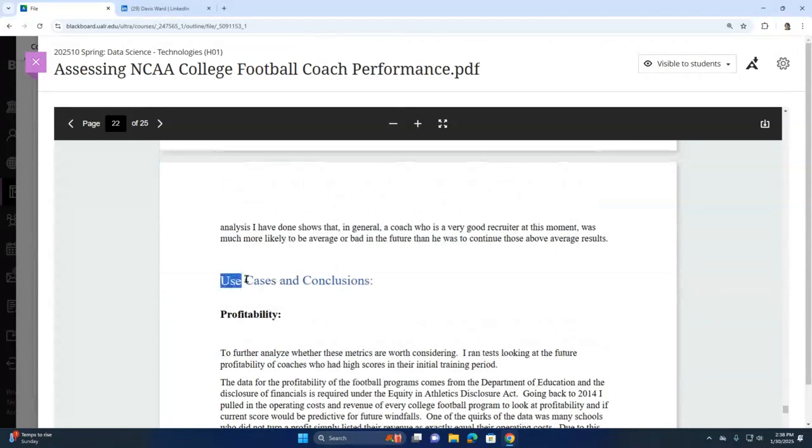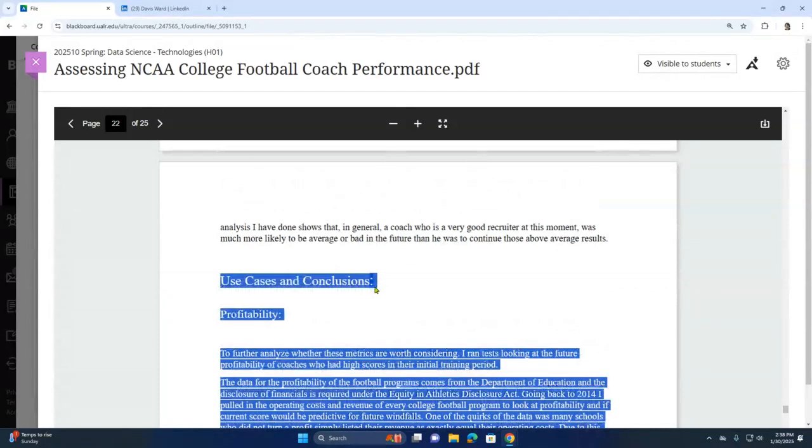Okay. Now, this is what I like: use cases and conclusions. Another way of thinking about use cases is operationalize. How would I put this information into use? Basically, that's what it means to operationalize. How do I put this stuff into practice?